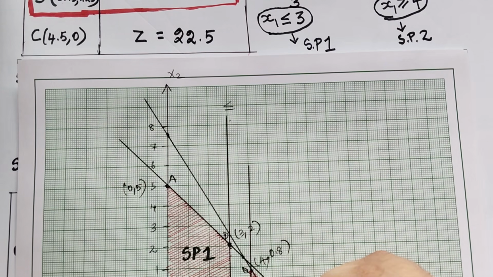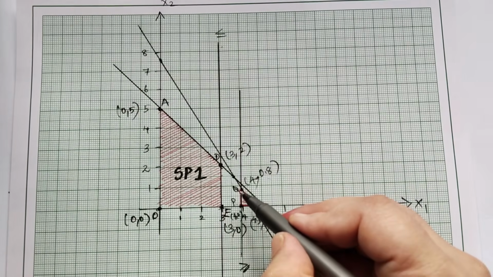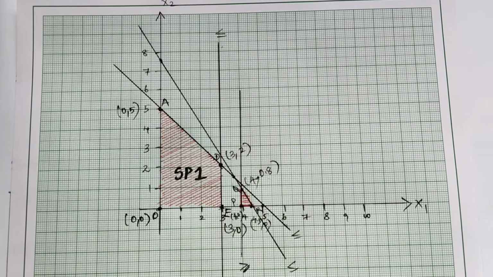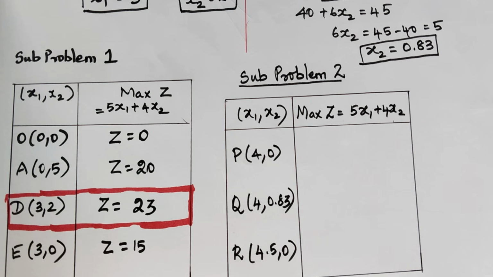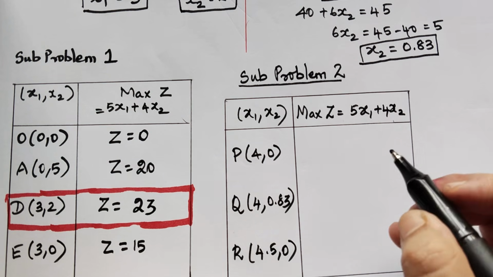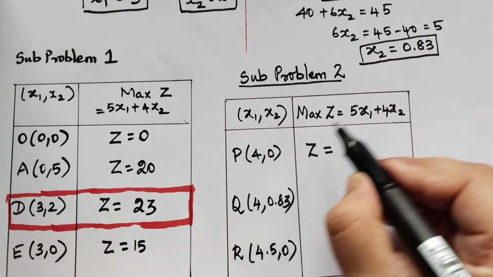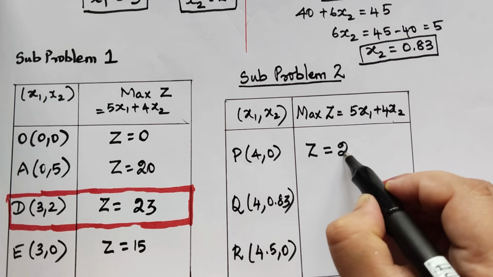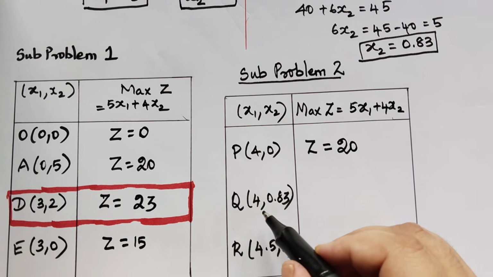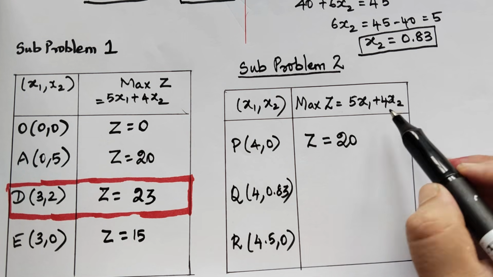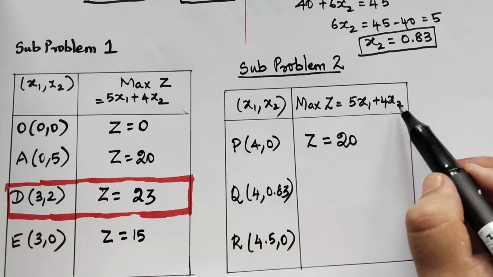Now at these 3 points we have to find the value of z and check which gives us the maximum. So let us do that. So here I have written the 3 points. Now let us find the value of z. So at this point x2 is 0, so 5 4s are 20. And at this point 4 comma 0.83, 5 times 4 is 20 and 4 multiplied with 0.83 we have to add it.